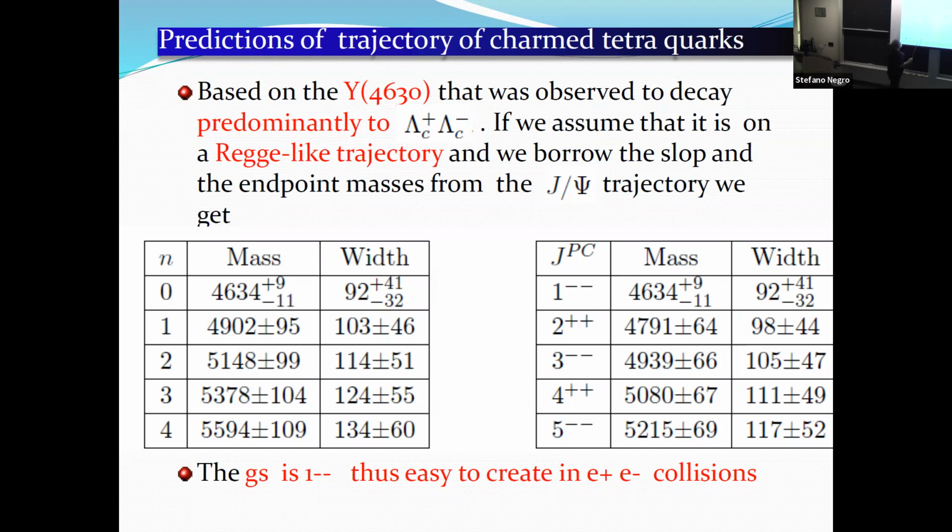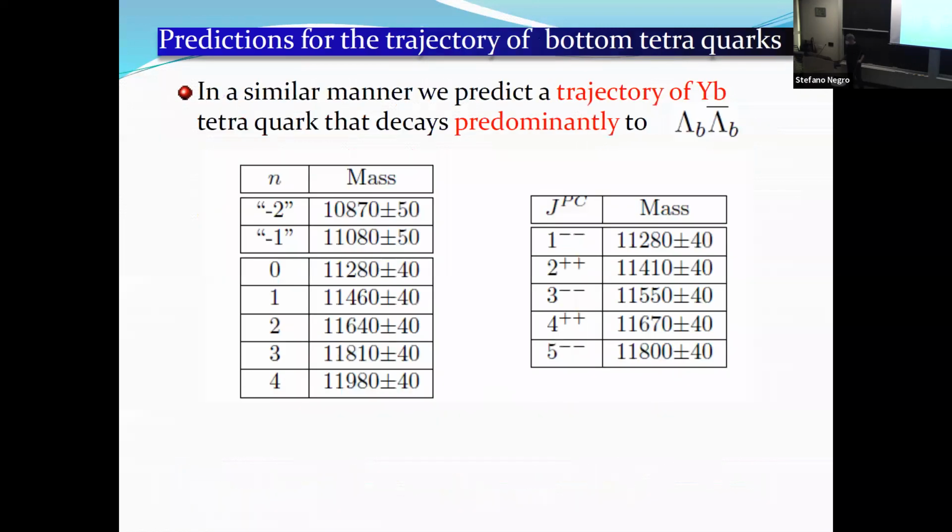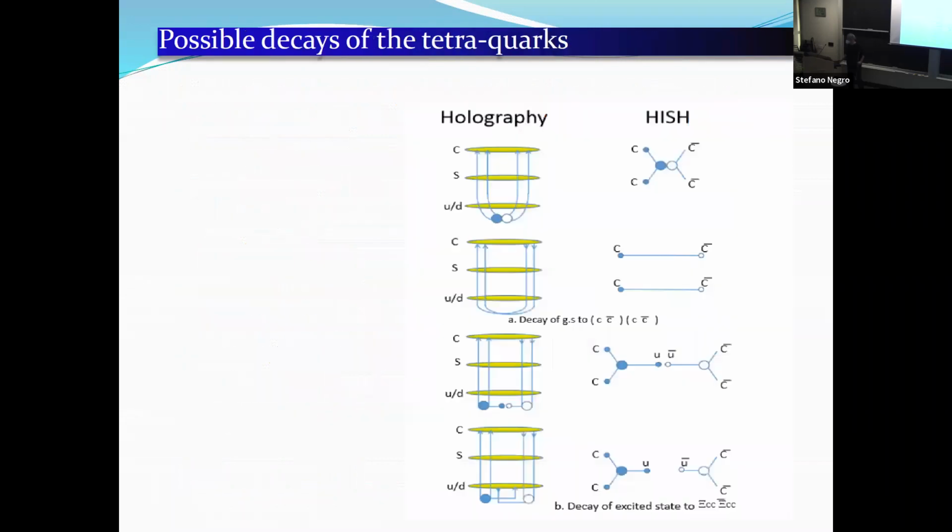But sometimes the masses are below the threshold, so they won't decay that way. So we have to distinguish between the different cases. That's similar for lambda B, lambda B bar. So I want to explain these decays. This is decay when the mass is above the threshold. The string will break and we get baryon and antibaryon.